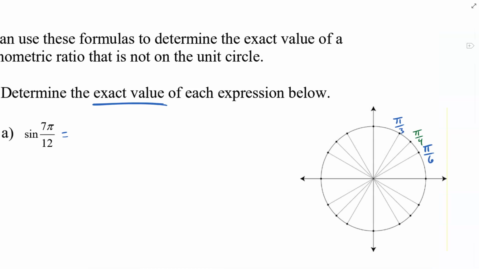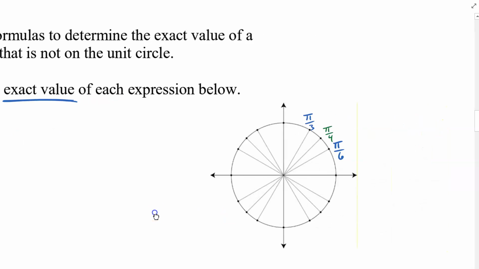So here's our task. Can we figure out two angles that we already know on the unit circle, the three that I just wrote, that when added or subtracted give me this angle? Perhaps the easiest first thing is to put those in terms of pi over 12. Pi over 6 is the same thing as 2 pi over 12.